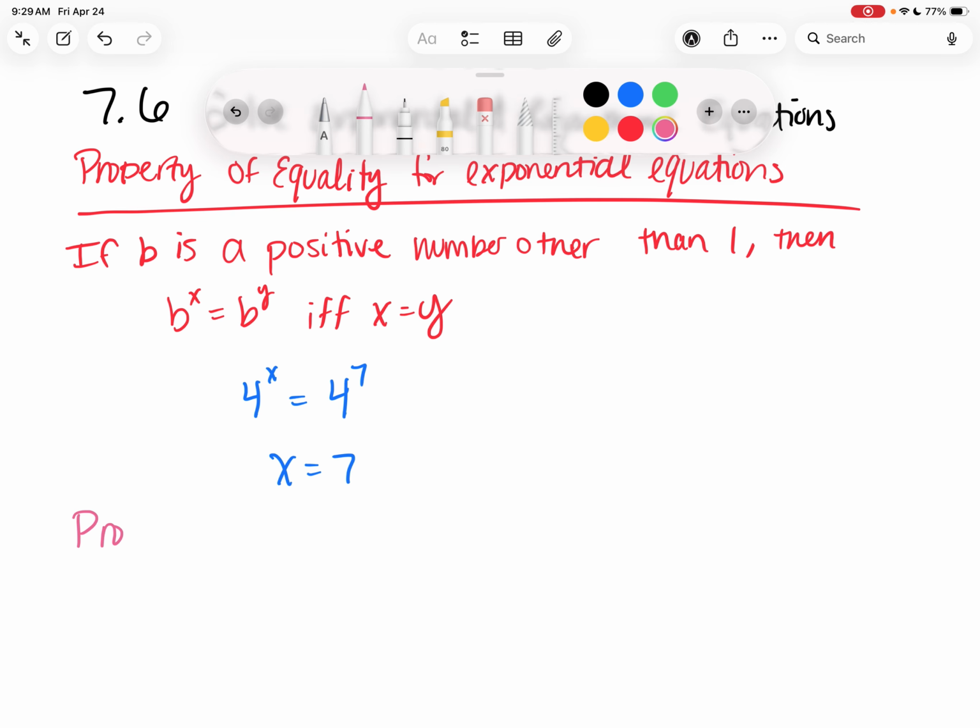The property of equality for logarithmic functions, or equations, I guess.